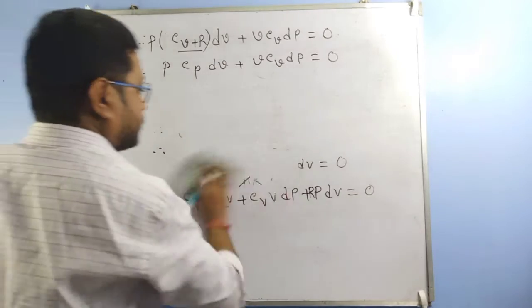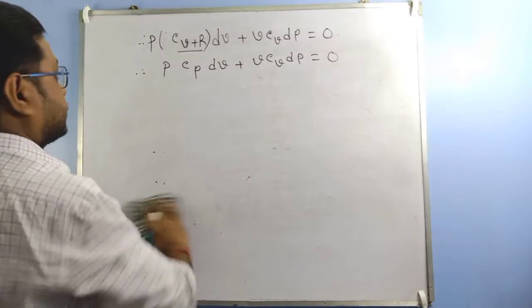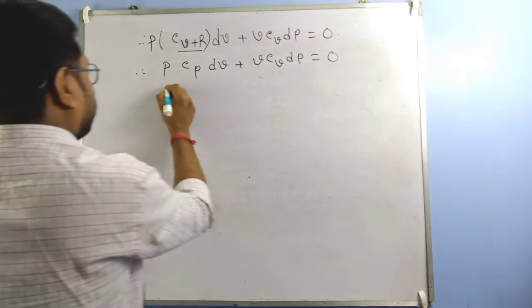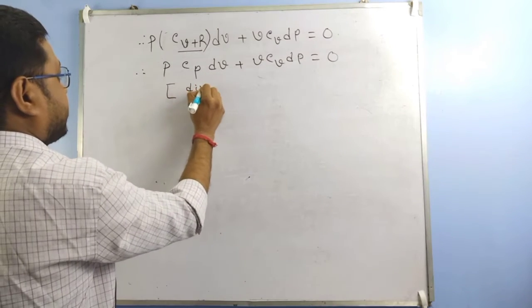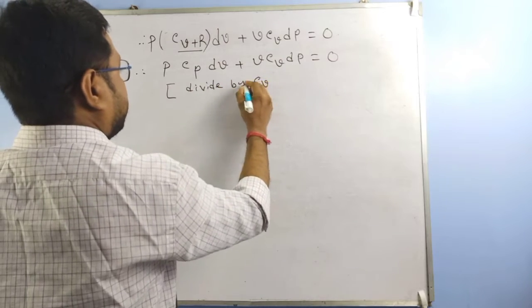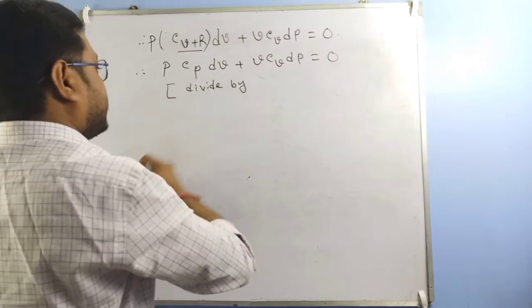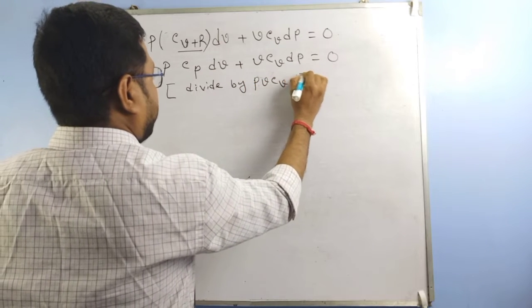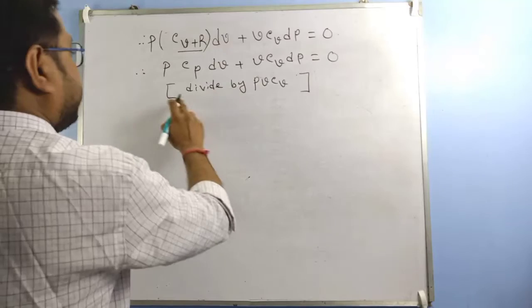So if we divide it by Cv, and divide both sides by PV/Cv.